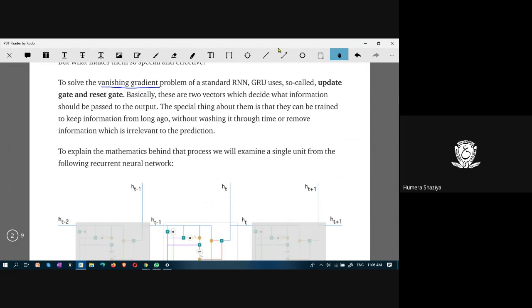That is the problem of vanishing gradient in standard RNN.